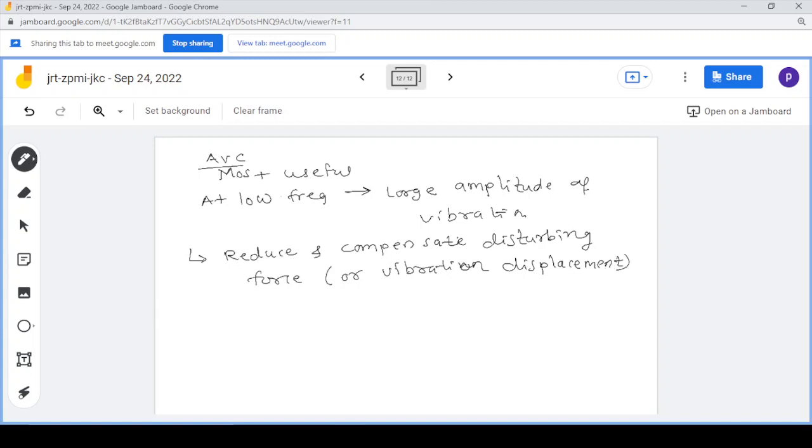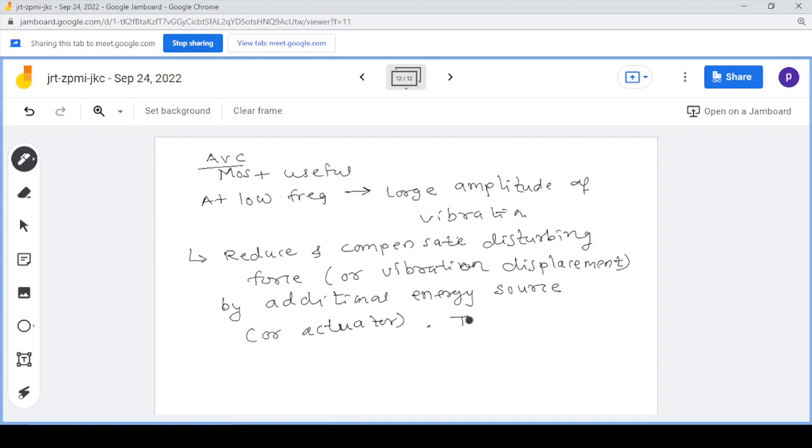by an additional energy source. What is the additional energy source? The additional energy source is nothing but an actuator.